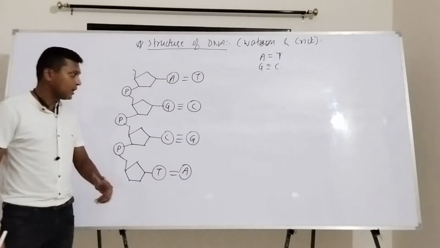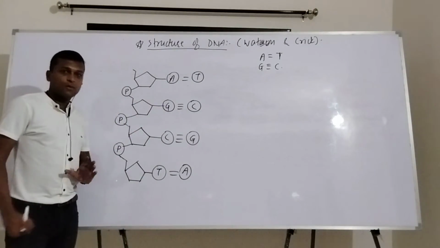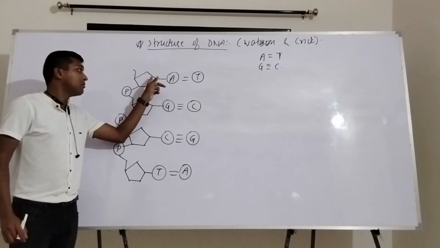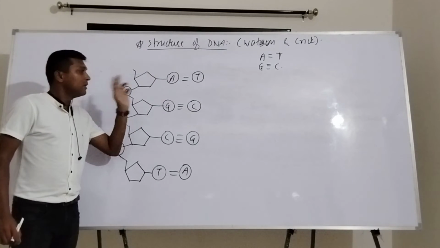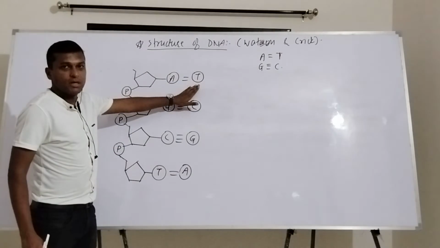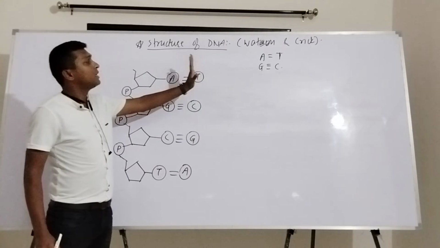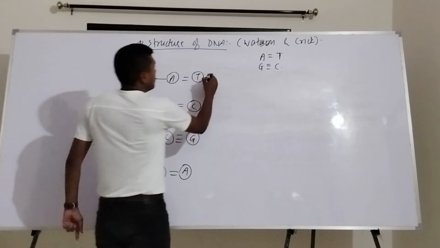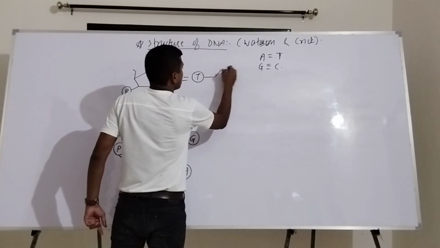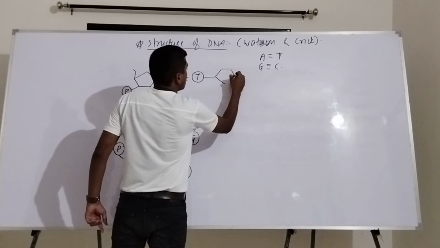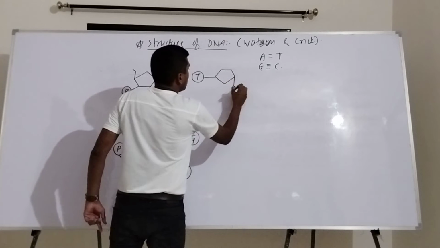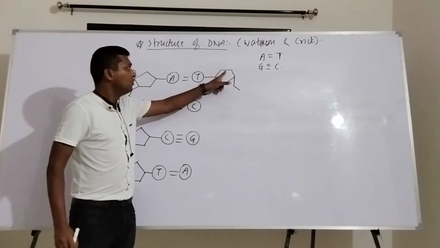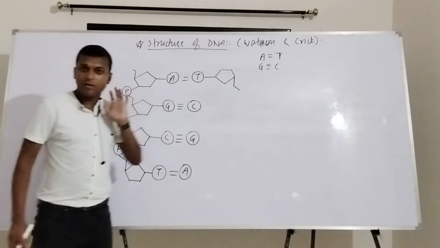Correct? Now, some time before, I told you that the nitrogenous base is always present at carbon atom number 1 of the sugar. That means this nitrogenous base must also be present at carbon atom number 1 of the other sugar. That means carbon atom number 1, 2, 3, 4 and 5.